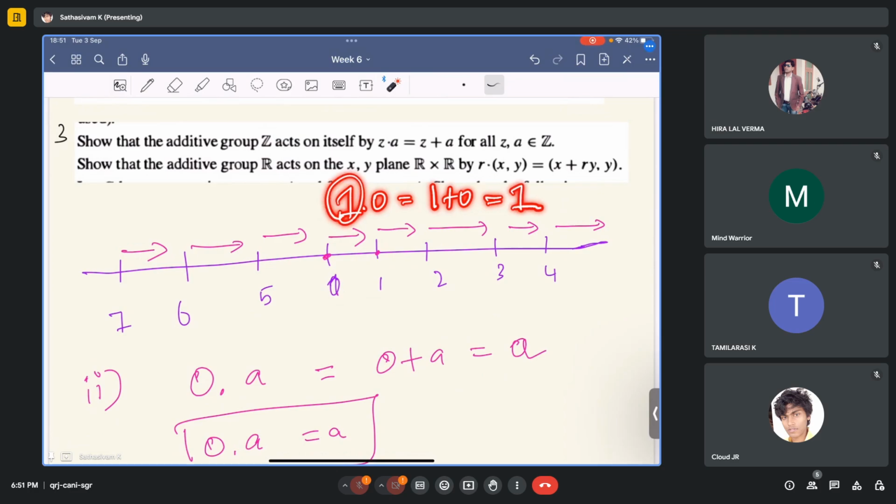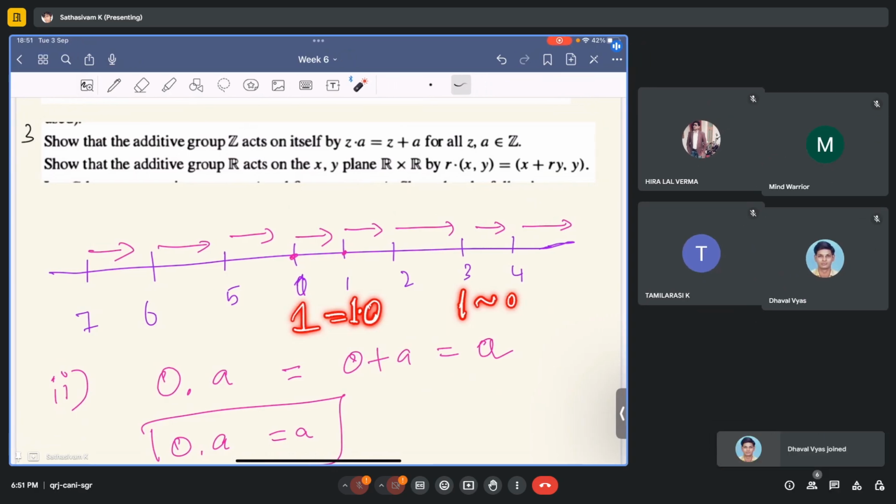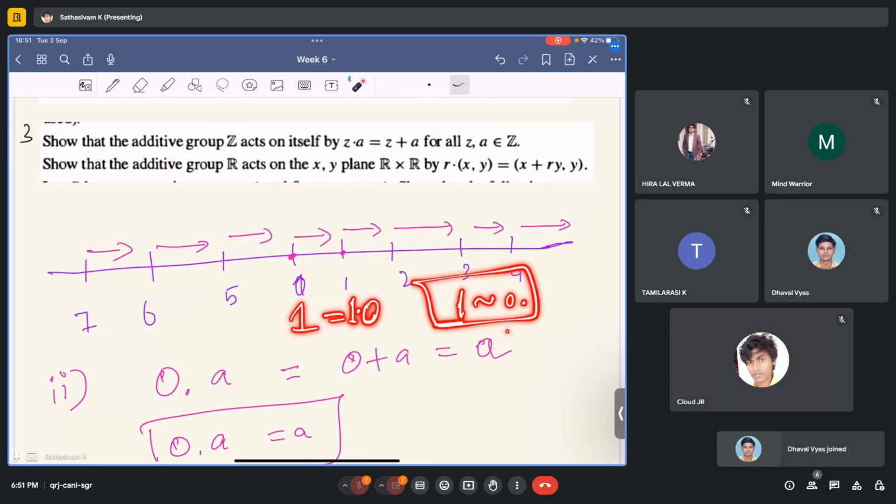So this 1 takes 0 to 1. These two are related because 1 is nothing but 1 times 0. So 0 and 1 are related.